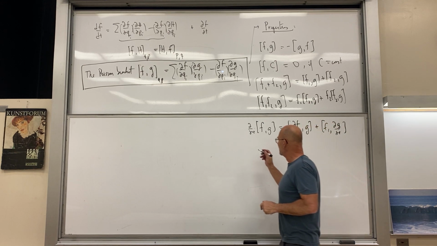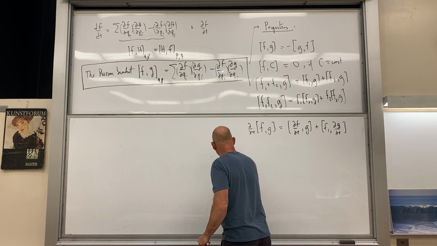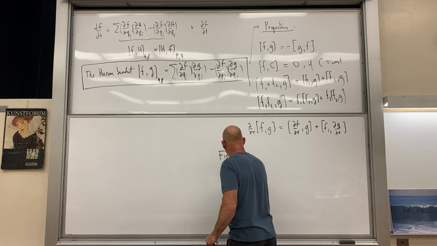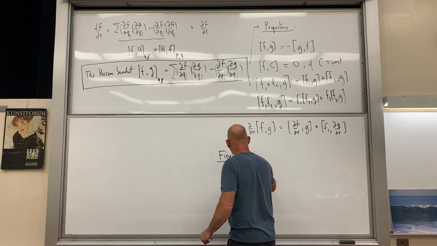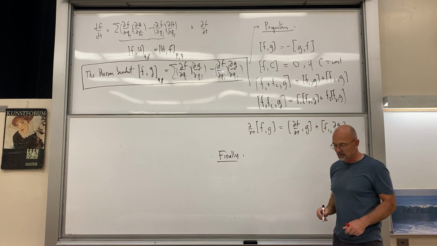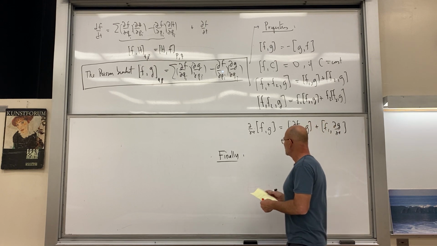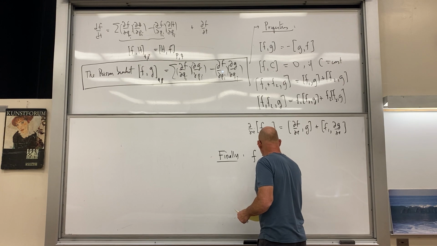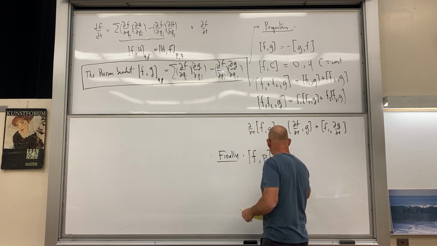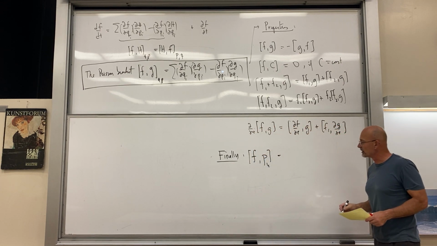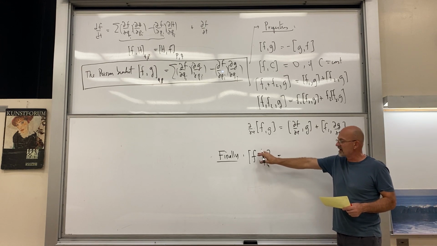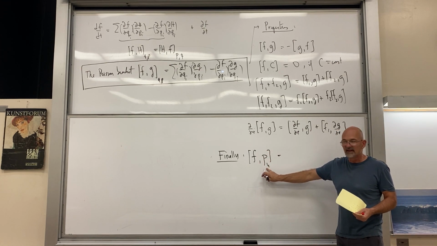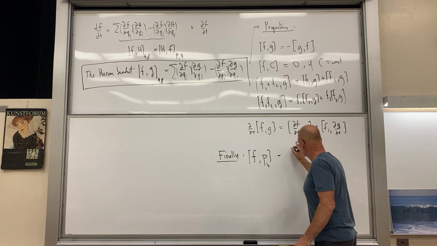Now, finally, we come to what are called the fundamental Poisson brackets. These we want to pay a little more attention to. Suppose we want the Poisson bracket of f with p sub k, a particular one out of p sub 1 to p sub n, the kth momentum. Let's go ahead and apply the definition.